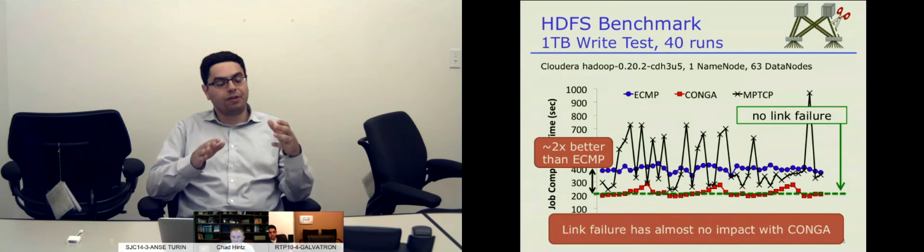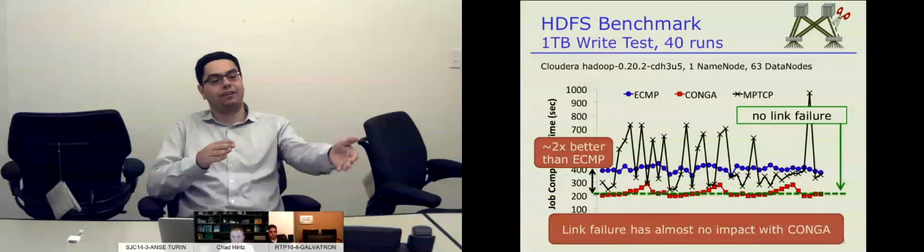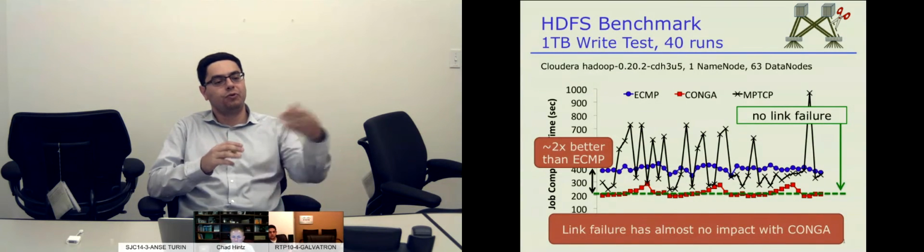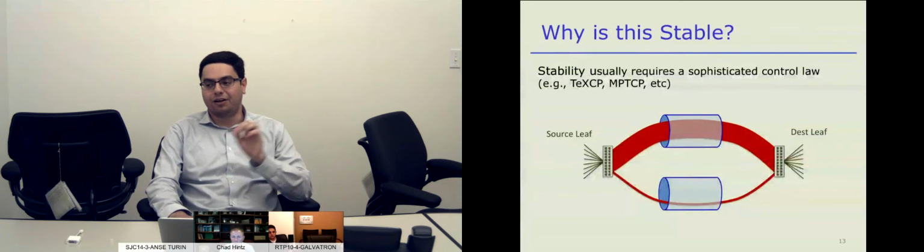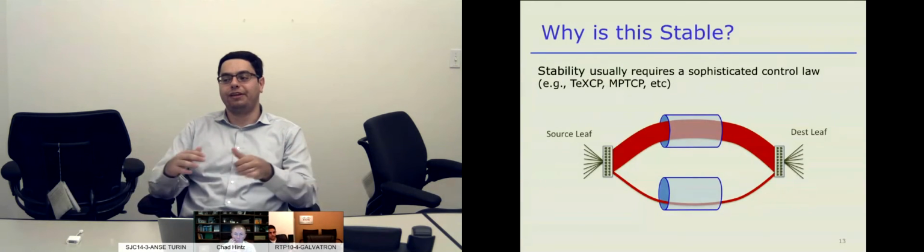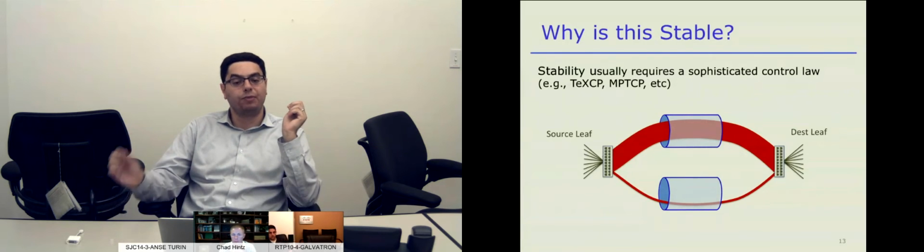Stabilizing the feedback loop is very easy if you get low latency visibility into the thing that you're controlling. This is well understood in the academic literature: these control loops usually need pretty sophisticated control laws to make them stable.